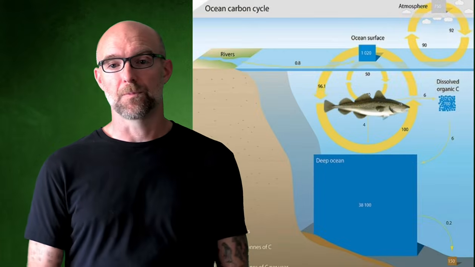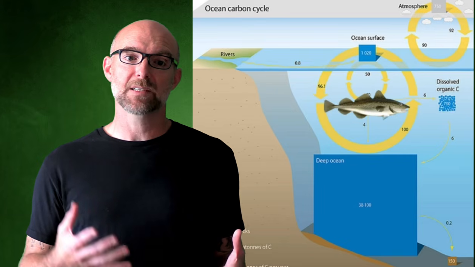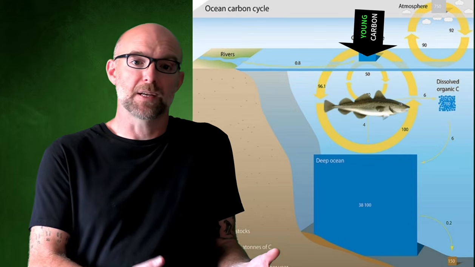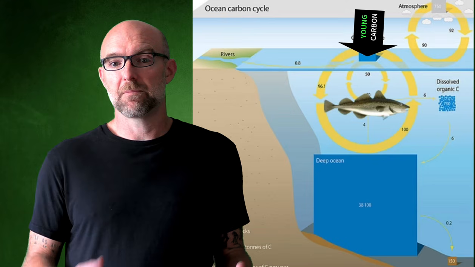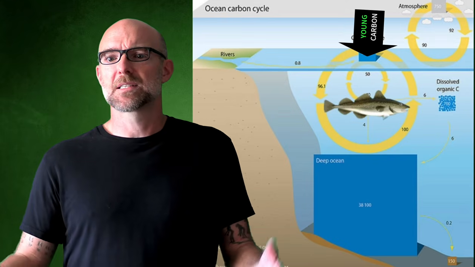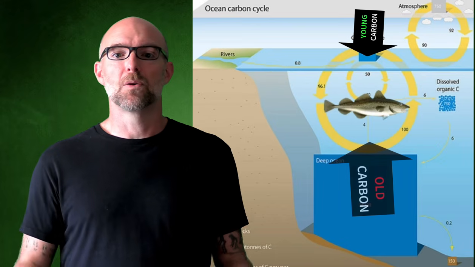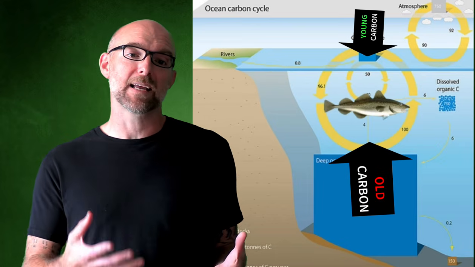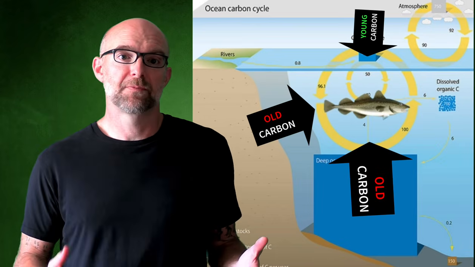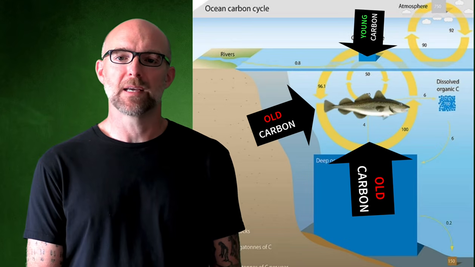Seals will show the same effect, but through a different pathway. Seals eat fish, and fish get their carbon from the ocean. Ocean water contains a mix of young carbon that's rich in C14 and very old carbon that's lost all of its C14. This old carbon comes from deep water and from water that's high in dissolved carbonates. This phenomenon has been well documented in marine biology.